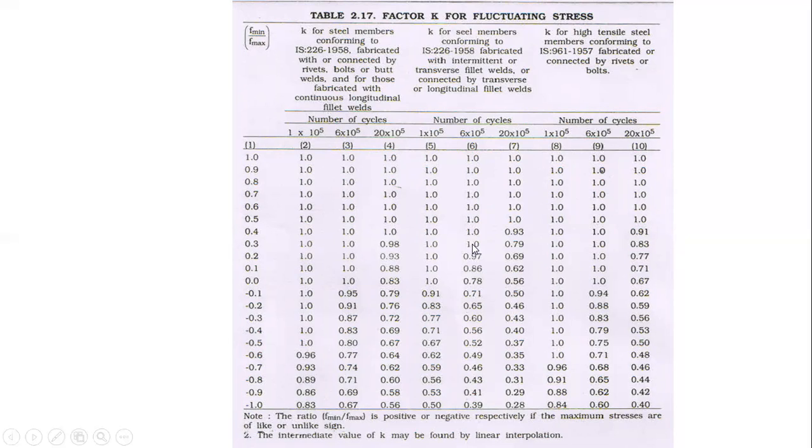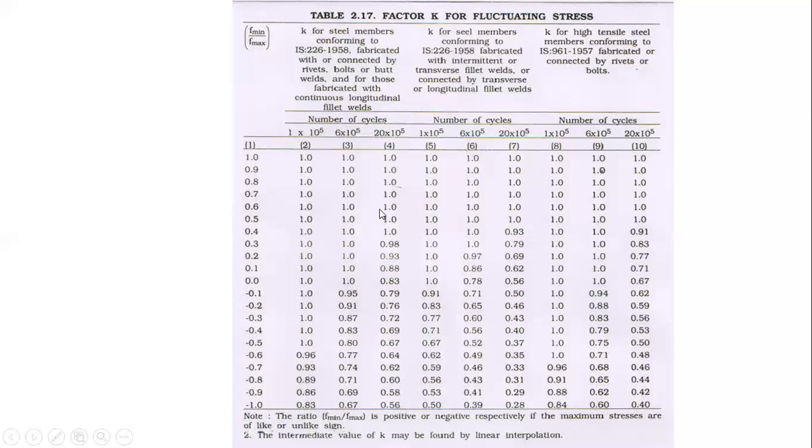When the stress changes from tension to compression or compression to tension, we introduce fatigue stresses, because in bridges, in vertical and inclined members, the force changes from tension to compression and compression to tension. To account for this fatigue, we have to reduce the value of the permissible stress in axial tension. So this table is used for that.